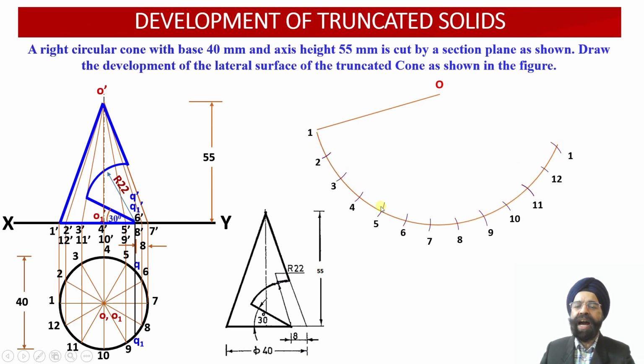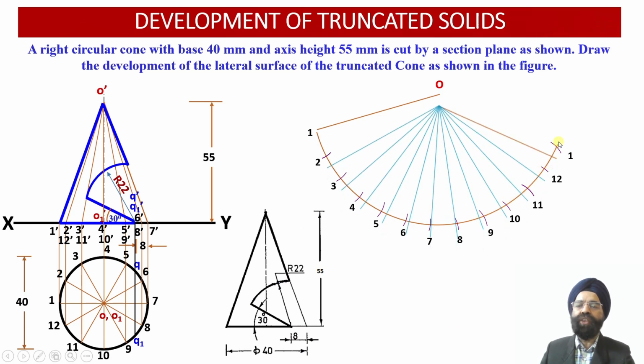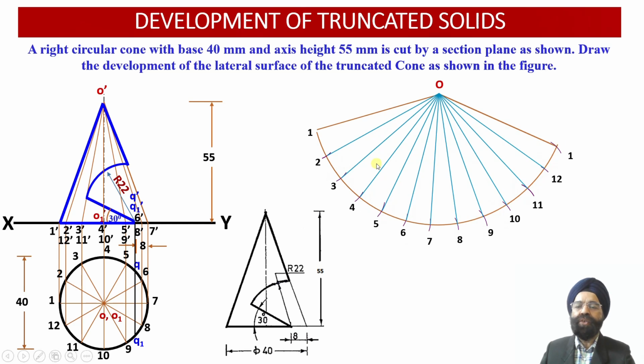So the 12 arcs we have marked onto this particular arc which we have drawn corresponding to the true length of the slant edges over here. So now we can join the apex point O with all the points of the base over here. So this is the development of the uncut right circular cone over here.